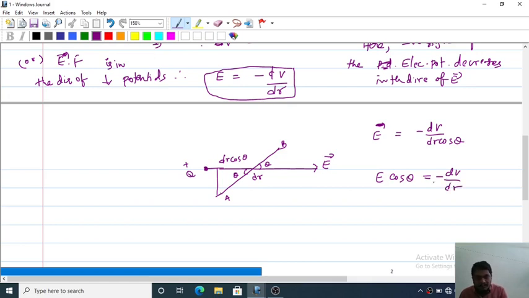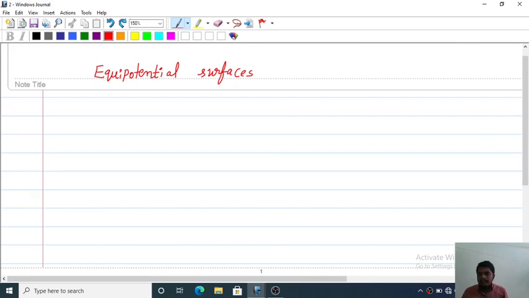Right. The next important topic is equipotential surfaces. In this class we will discuss what an equipotential surface is and some important points regarding equipotential surfaces.